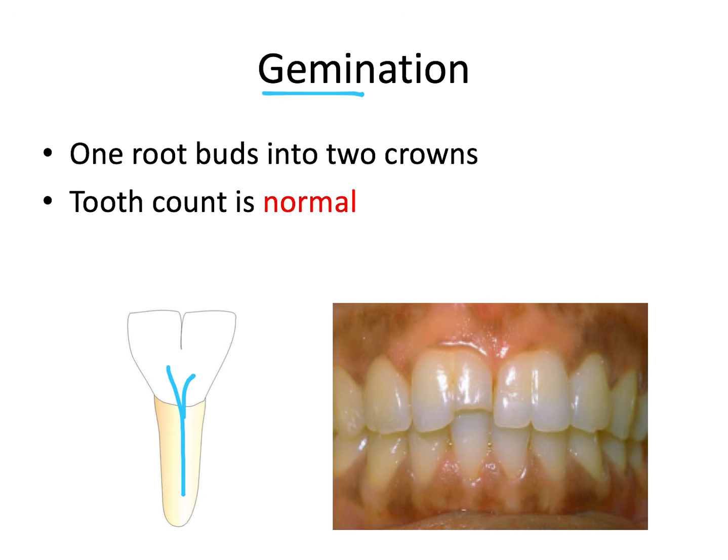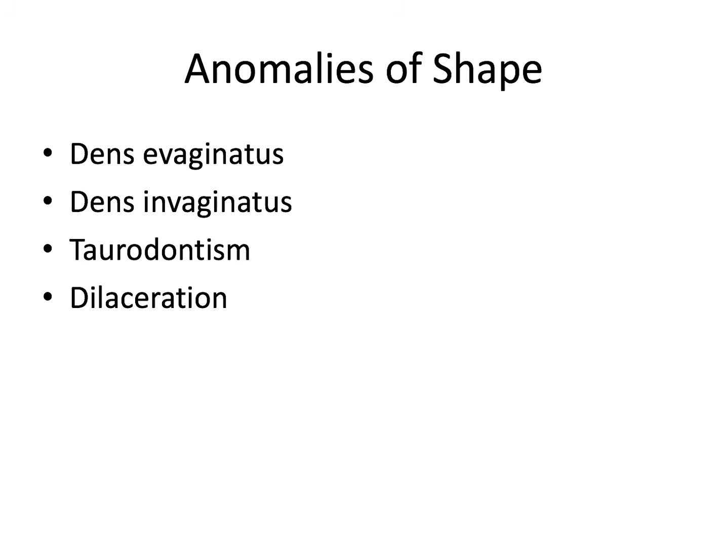So in this patient, here's an example of two teeth that have undergone gemination. And if we count their teeth as tooth entities, we're going to have 1, 2, 3, 4 upper incisors, which is normal. So that makes sense. And if you're curious to treat something like this, you could potentially do a conservative restoration if the patient was concerned about aesthetics, but otherwise no treatment is necessary.